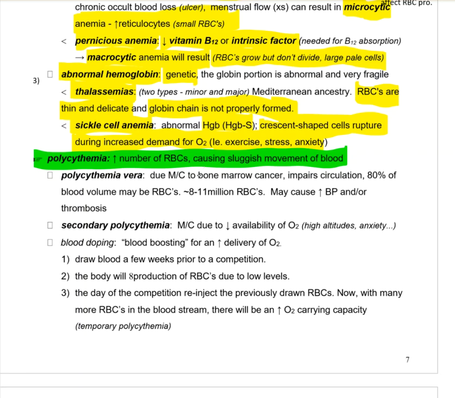It's often due to bone marrow cancer, where the cancer is in the bone marrow and it's rapidly dividing and making lots of cells, and as a result, your red blood cell count might go up from 5 to 6 to 8 to 11 million red blood cells. So as you can imagine, the blood is going to get really thick. And if the viscosity of our blood gets really thick, that might cause increased blood pressure or an increased chance of clotting because the blood is so thick and sluggish.